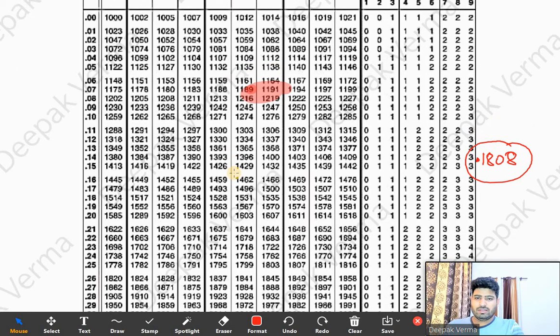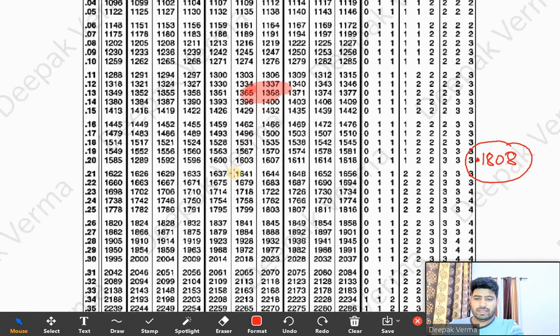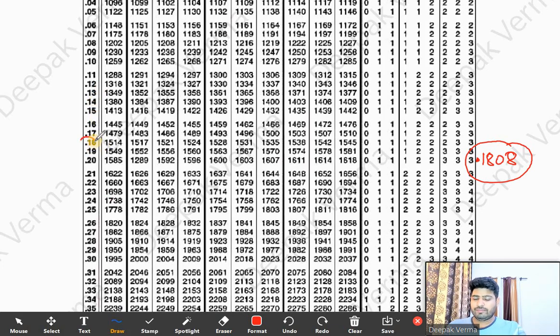Okay, you can see here, where is 0.18? Find it. 0.18 is here. Now we require column 0. This is column 0. Now go to the mean difference columns.